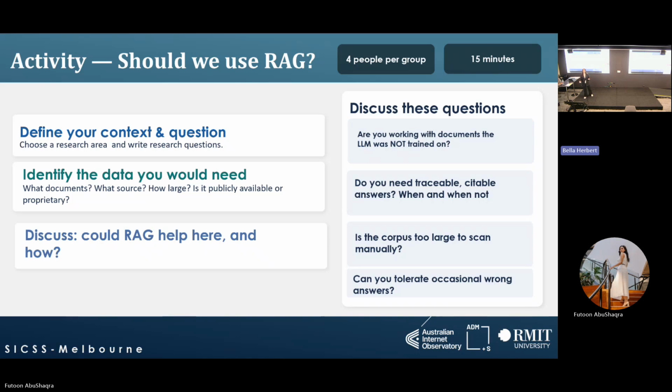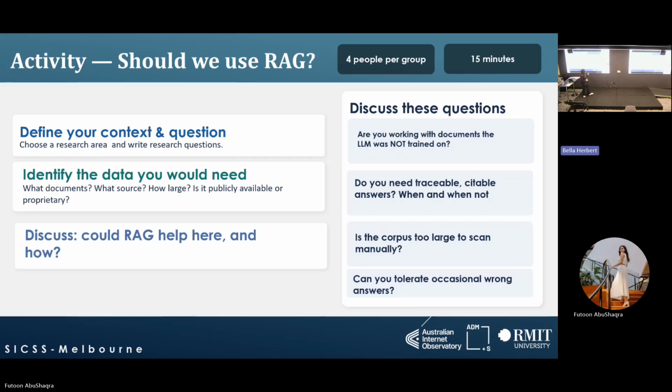Then think about the data, because the only control you have when you build the RAG system is the data set that you collect. Think about the data you will need for this research, and then think about whether you will use RAG for that. You don't have to have a yes or no answer, but these are the things I wish you to think about.